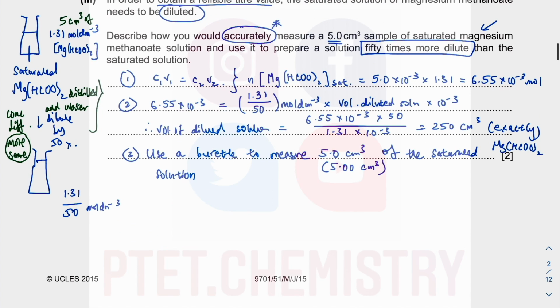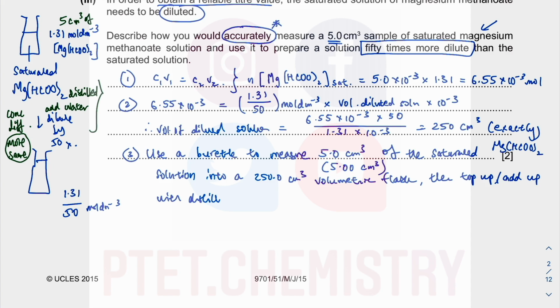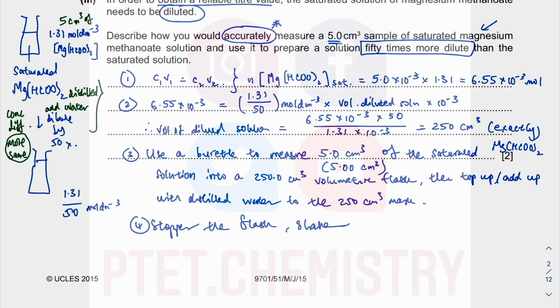and into a 250.0 or 250 cm³ volumetric flask. Alright, and then top up with distilled water to the 250 cm³ mark, and finally stopper the volumetric flask and then shake to mix well.